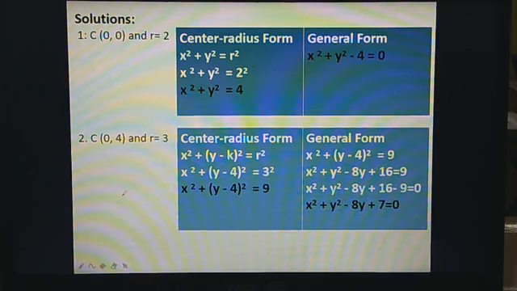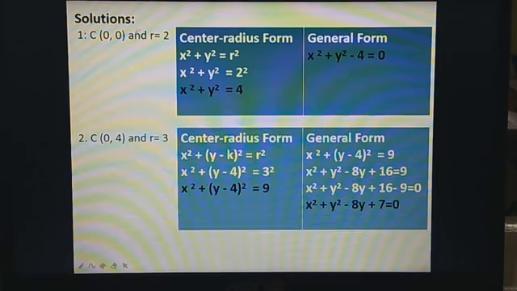Okay, since the center is at 0, 0, meaning the center is at the origin, and having a radius of 2. So, if h and k are both 0, then if you're going to substitute in the form x minus h squared, it will be only x squared because the value of h is 0.